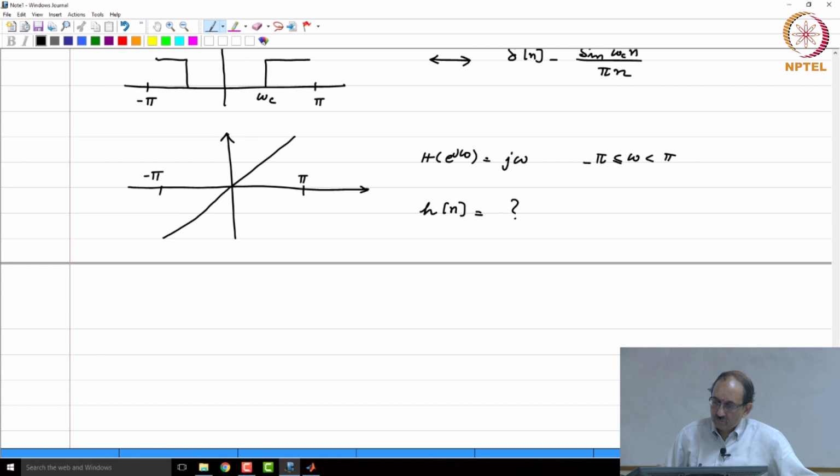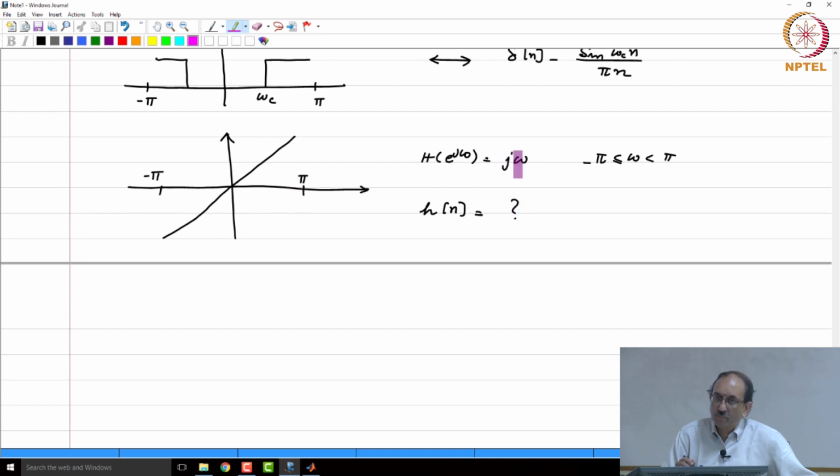The other way of doing this, which will require some thinking, is you can use the derivative property. What I want you to do is get h of n using the straightforward approach.